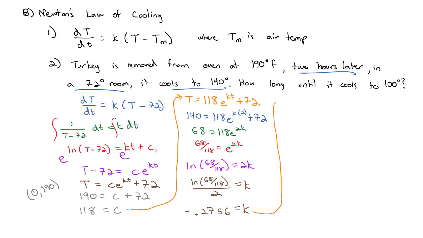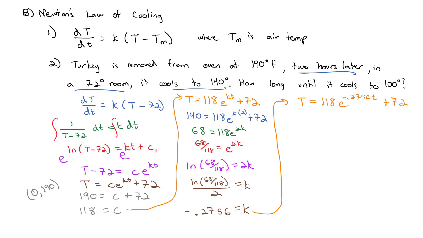Now that we know our constant, our equation can even be made more specific: the temperature is equal to 118 e to the negative 0.2756 times time plus 72.